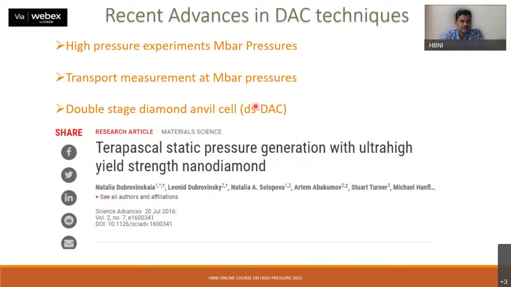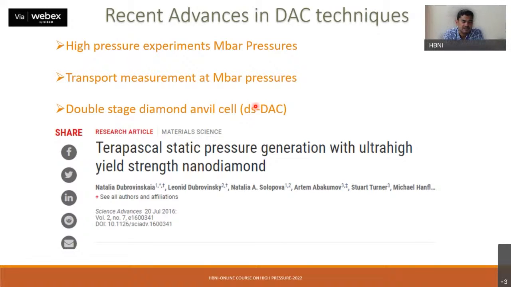So the first advancement I will talk about, as I talked about in the large volume presses or multi-anvil presses also, is the use of double stage. Like in the multi-anvil presses, in addition to the tungsten carbide anvil, we also use sintered diamond anvil as a double stage.